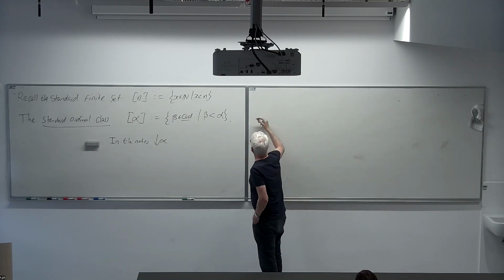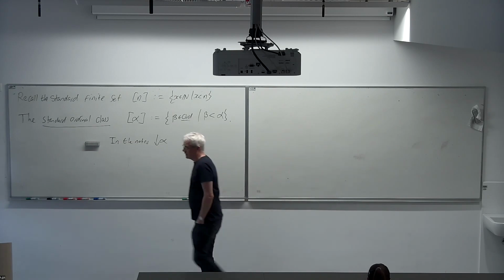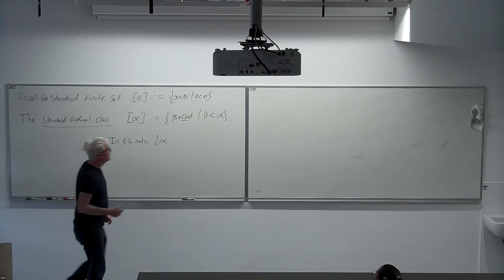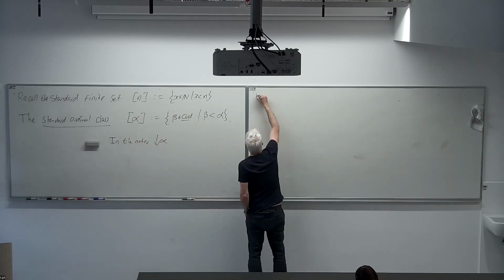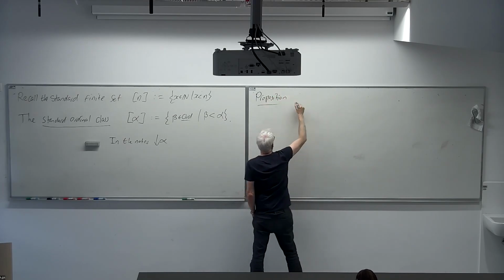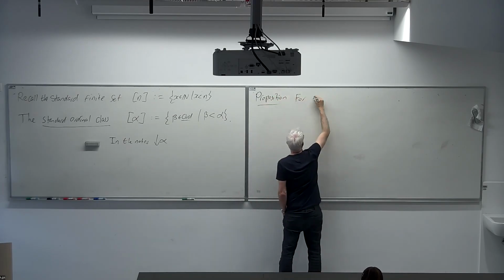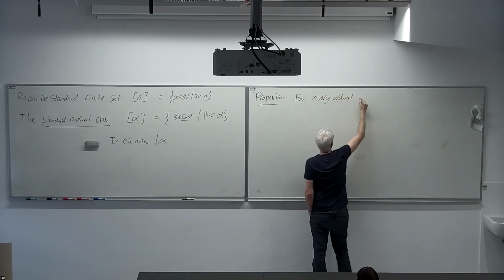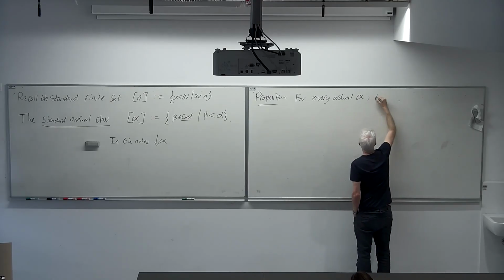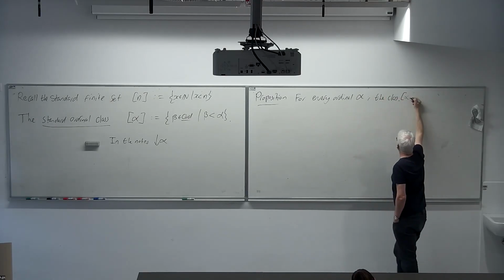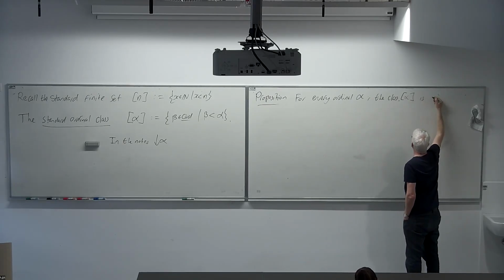But I keep on saying set, and there's a reason for that: it's going to be a proposition. For every ordinal alpha, the class of ordinals strictly less than alpha is a set.